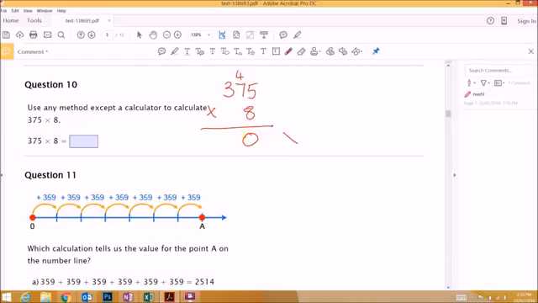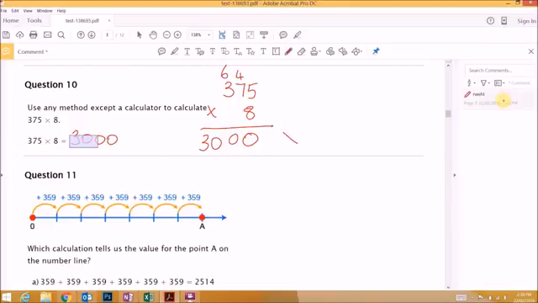Plus the 4 makes 60. 8 times 3 is 24. Plus the 3 makes 30. So our answer there is 3,000.